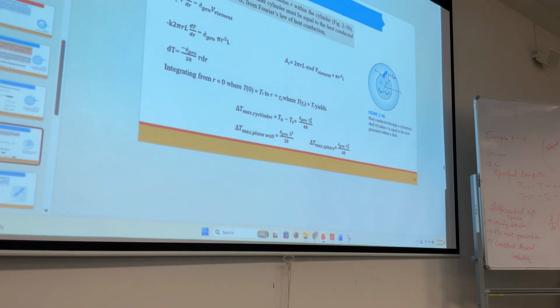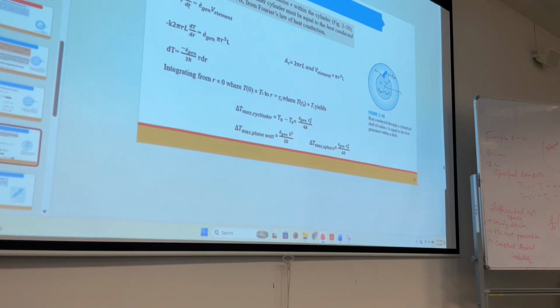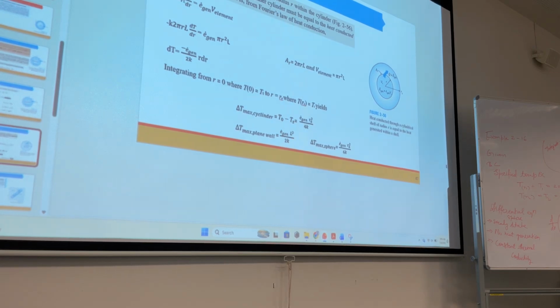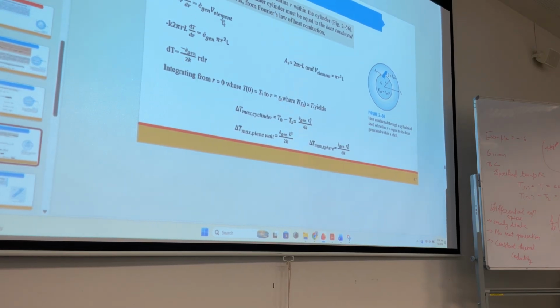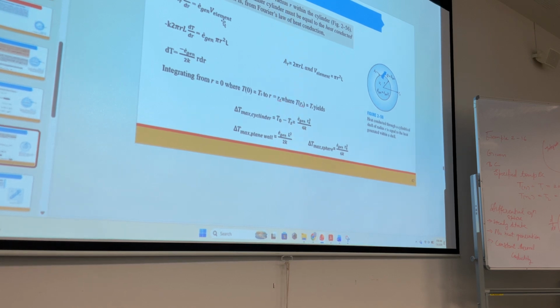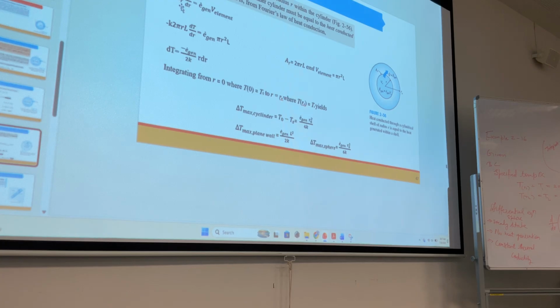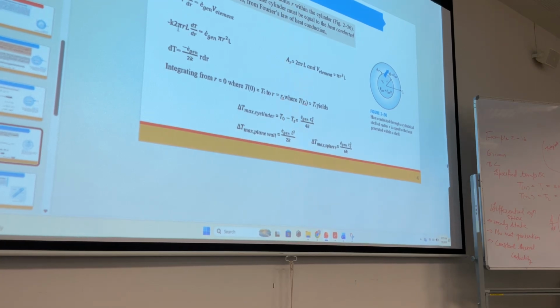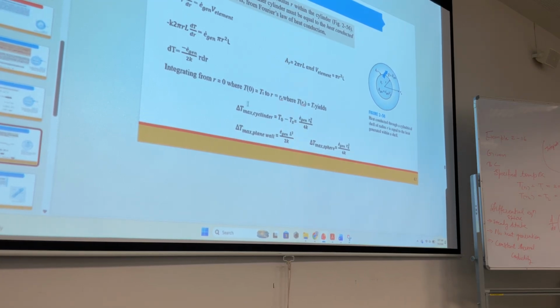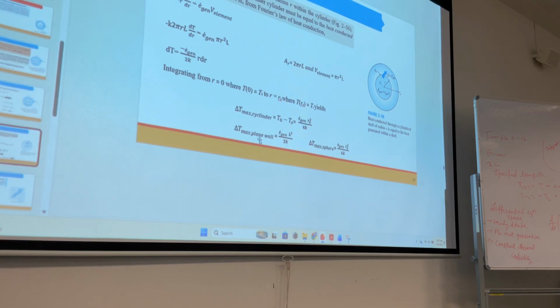So this is what is written here. This is Fourier's law of conduction, and it is equal to the heat generation. This is heat generation per unit volume and this is conduction. You keep them equal and again you will get the same values for plane wall, cylinder.